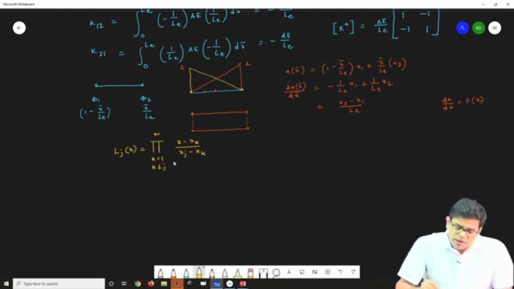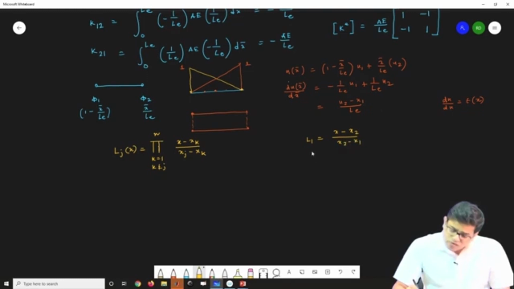Now if I want to find my Lagrange polynomial for this case, L1 is x minus x2 by x1 minus x2, and L2 is x minus x1 by x2 minus x1.